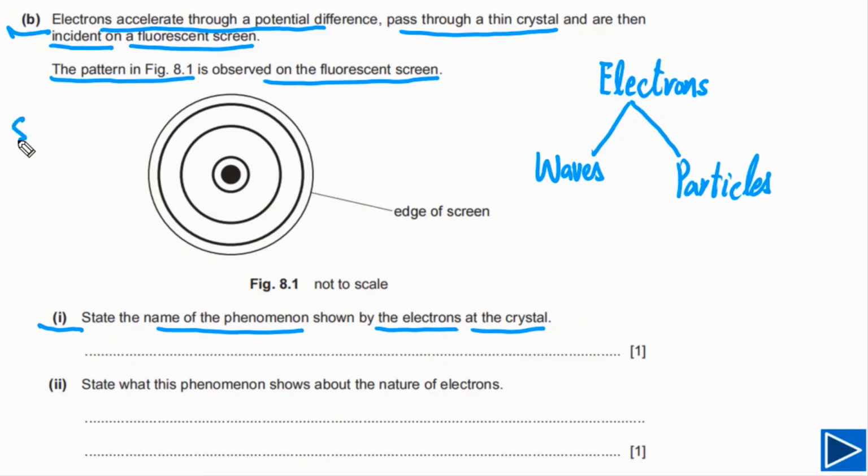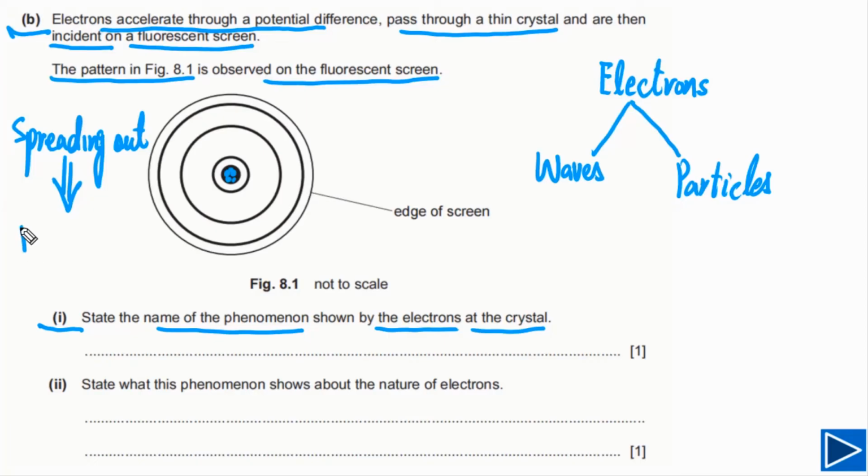As electrons spread out, this is telling us electrons are behaving as waves, because particles do not spread out. If electron was behaving as a particle, we should see electrons only here, but in this case they spread out and form this pattern.